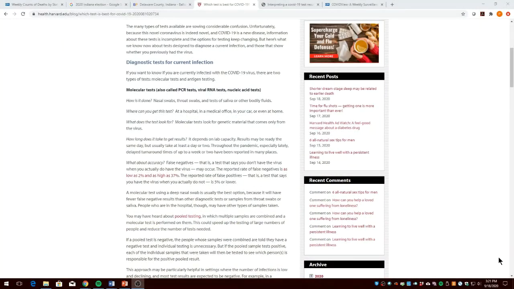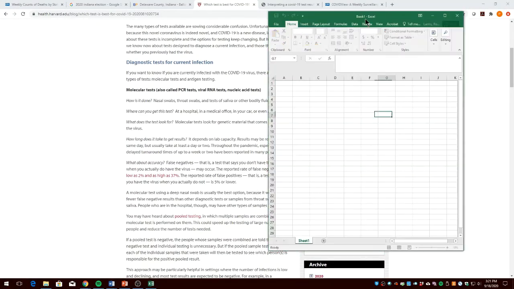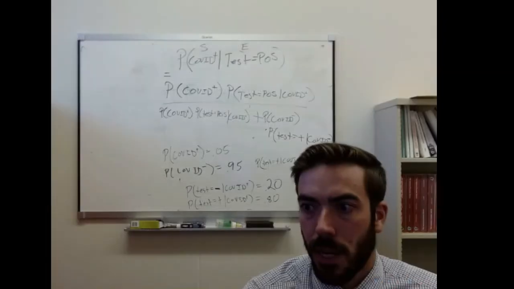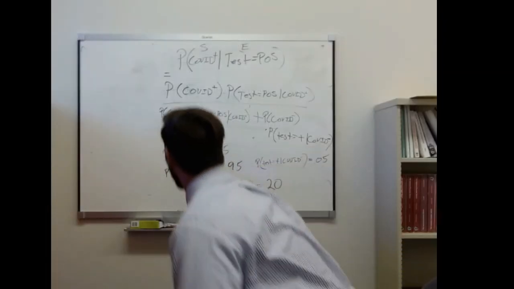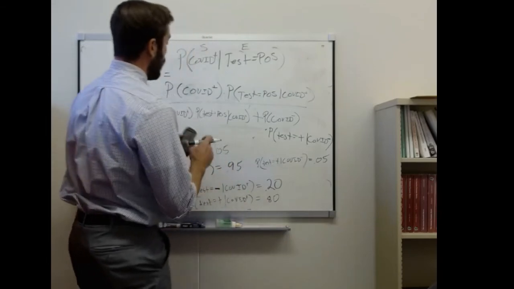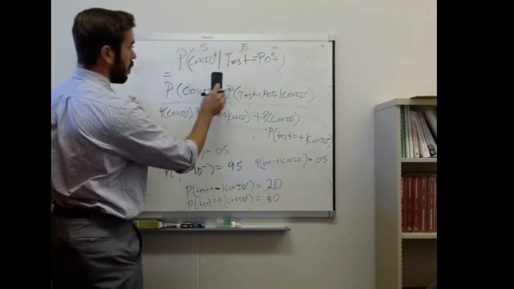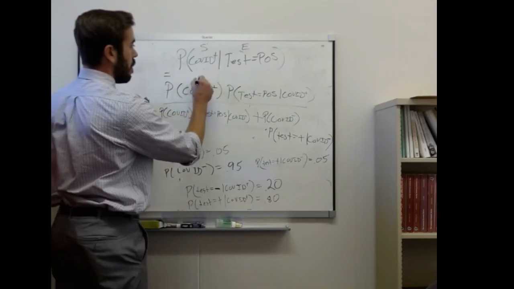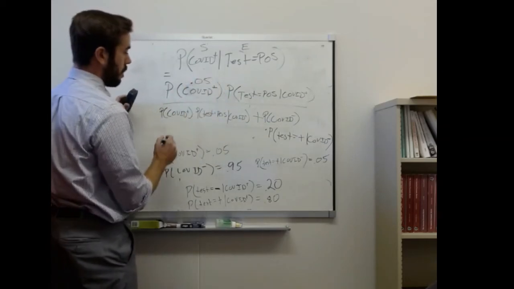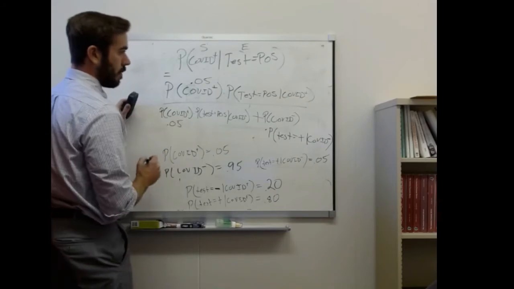I'm actually going to pull up Excel here so I can see this. Actually, might just be easier for you guys, I'll just write this on the board. We'll plug all these values in. The probability that any one person at random has COVID is 0.05.